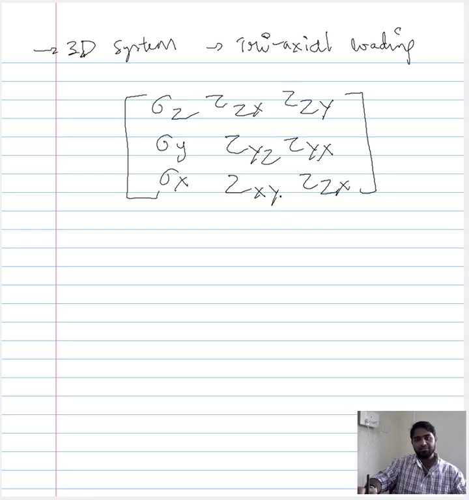And we saw that these are the 9 components of stress that are required to describe the mechanical condition of a region of a material when the system is in 3 dimensions and experiencing triaxial loading. And we saw that certain shear stresses, to be more specific, are equal to one another.